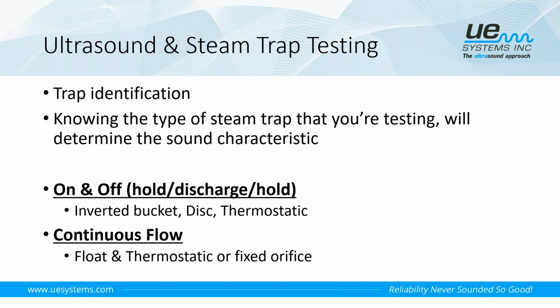If you walk up and it's an inverted bucket trap, a disc style trap, or a thermostatic trap, those traps operate on a hold, discharge, hold operation. So we're listening to the trap and we're going to hear when the steam trap cycles open and releases condensate, and then it's going to shut back.